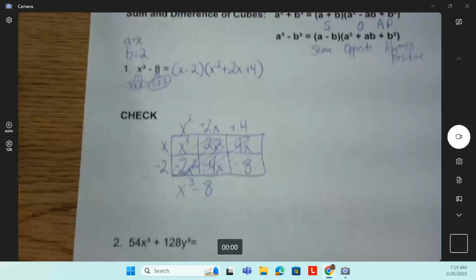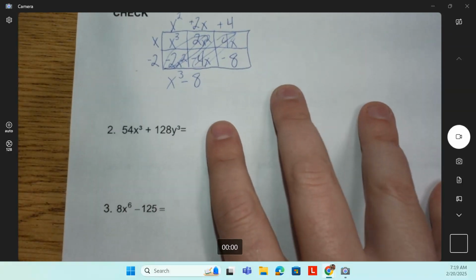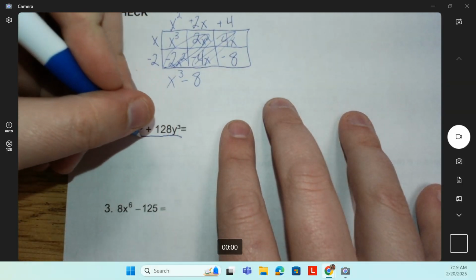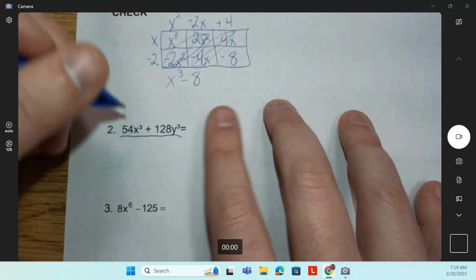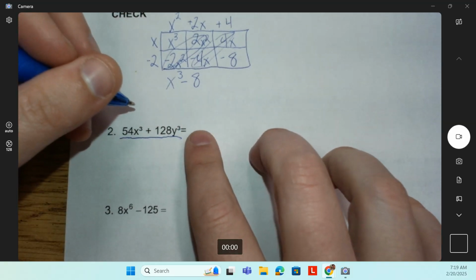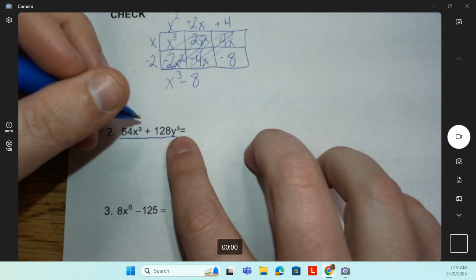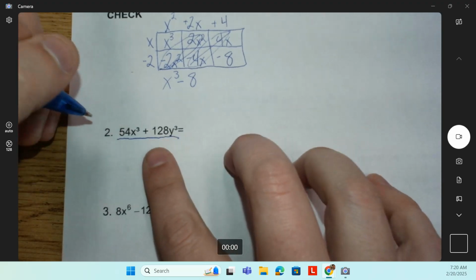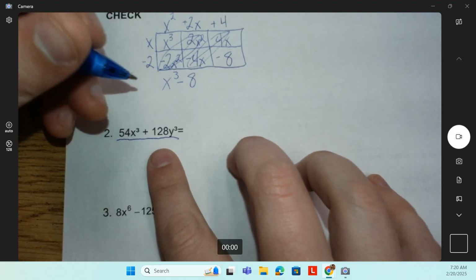So on this, I've got a common factor that I could pull out from both of those. And as we look at it, the only thing I think both of them will divide by is 2.